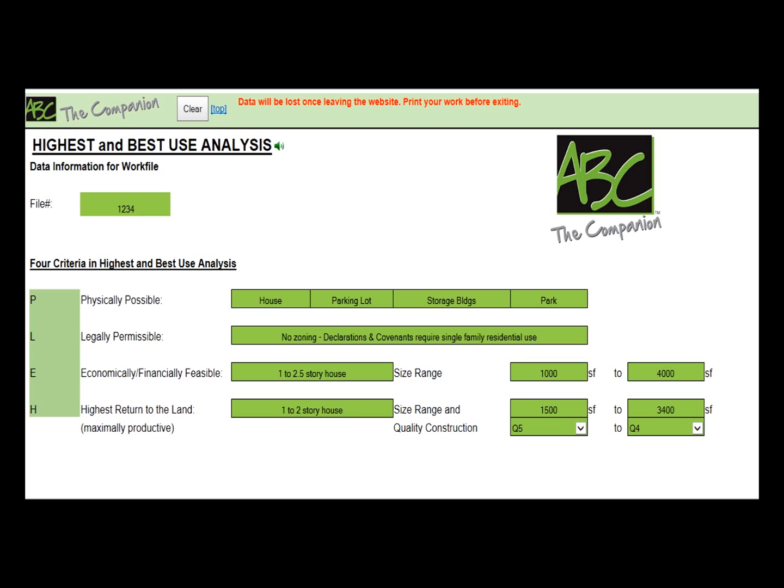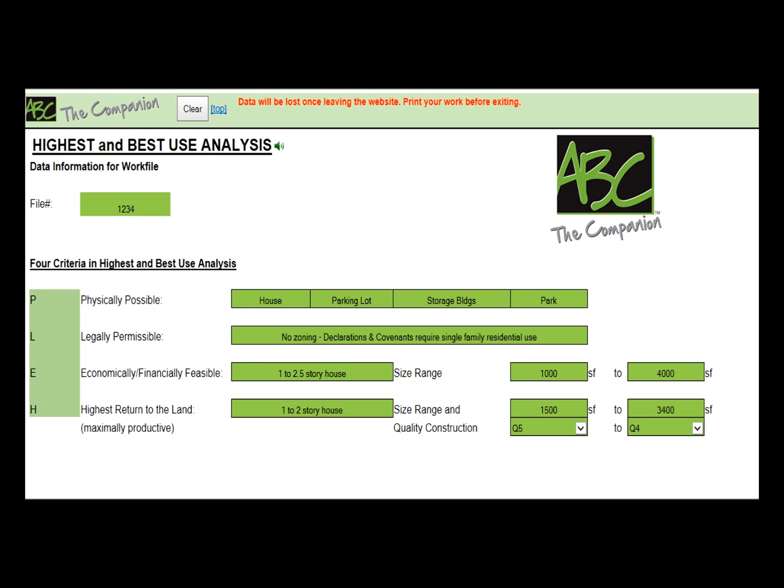The next section is going to be the highest return to the land. Again, that's probably going to be a 1 or 2-story house as it conforms with the rest of the development. And then our size range, well, maybe we didn't see so many 1,000, 1,100 square foot houses, but there were plenty of 1,500 and above, all the way up to 3,400 square feet. Once you got over that, there were very few of those.